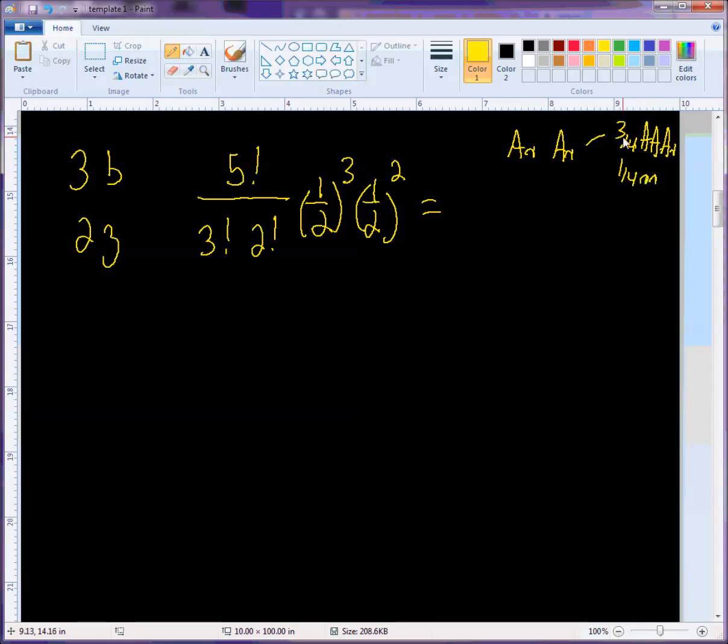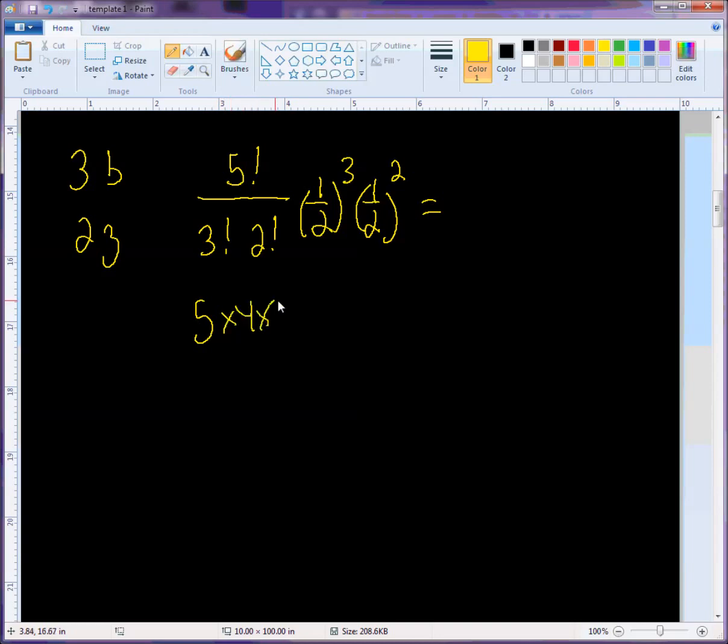And then you would plug the 3/4 into the chance of being normal down here instead of 1/2 there, and then 1/4 for the chance of being albino. And then you would adjust these numbers accordingly depending on how many of each child you were looking for in the particular family. But that's just a little aside. We're not talking about albinism here, and that's why these probabilities are 1/2 and 1/2, because we're looking for numbers of boys and girls in a family of 5. So let's solve this.